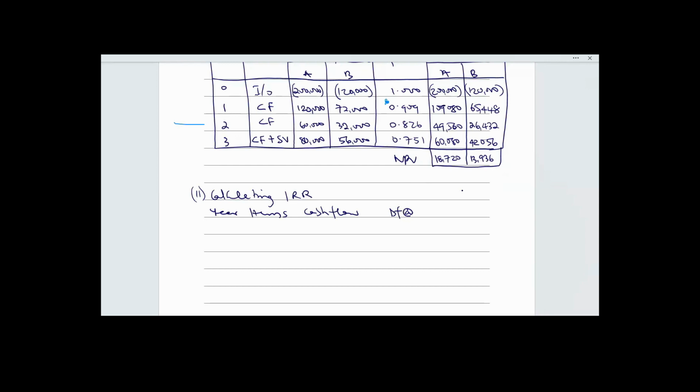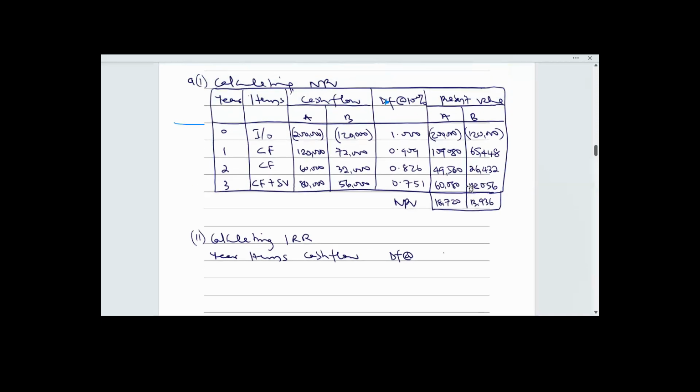We are going to have a double discount factor. Then present value.